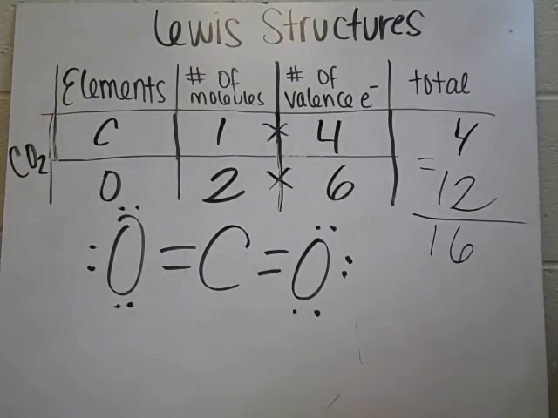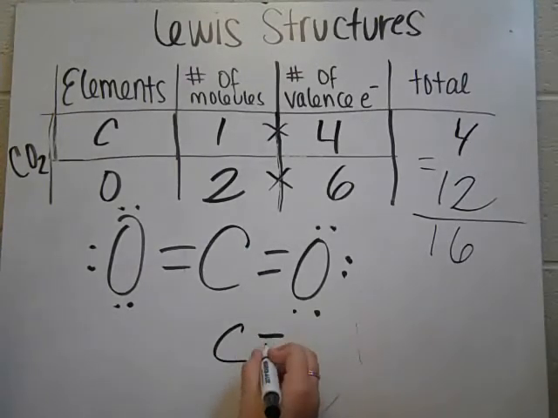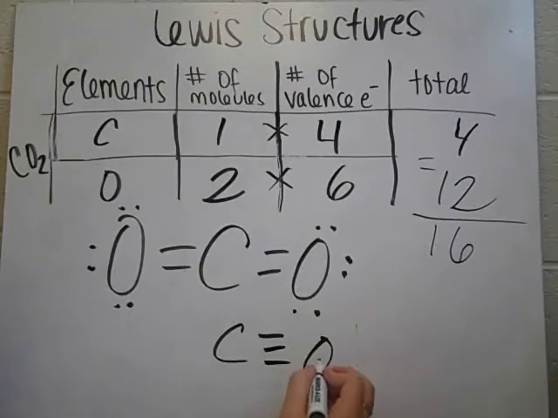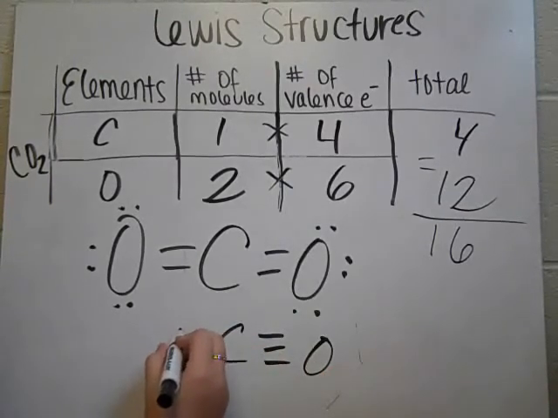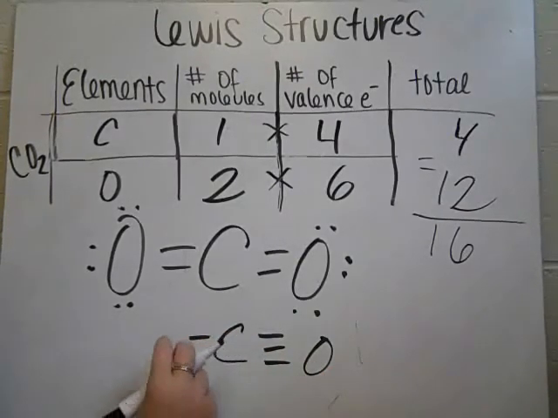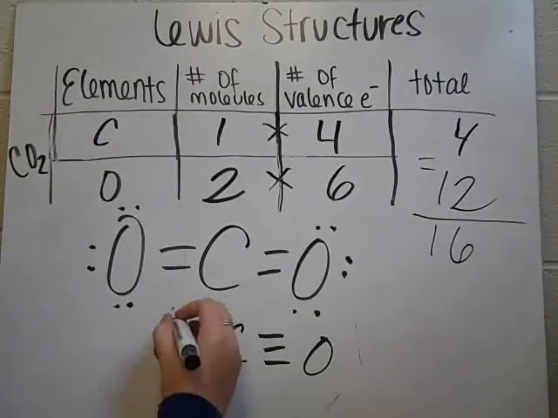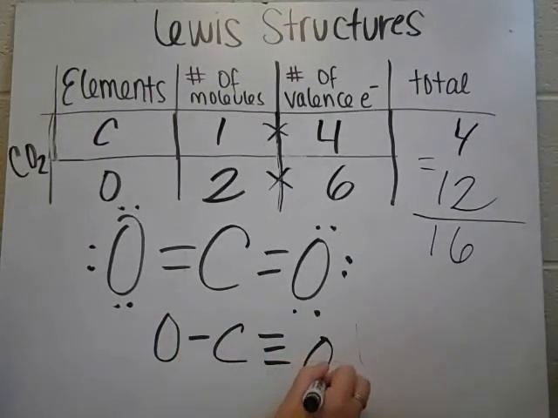But now there are also things called resonance structures, which basically mean there are different ways to arrange the electrons so that they're in a different structure. In CO2, you can do this with a triple bond to O and a single bond on the other side.